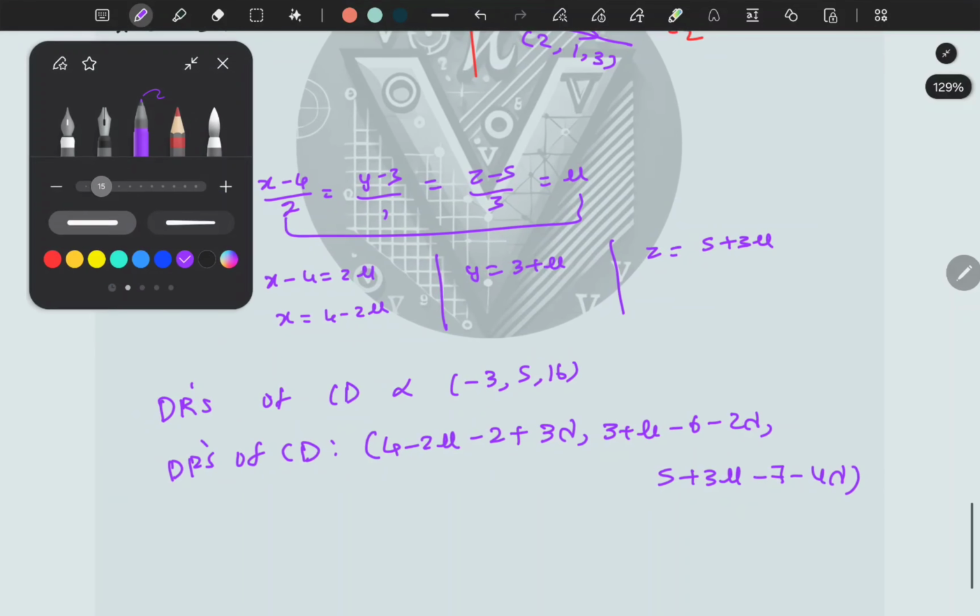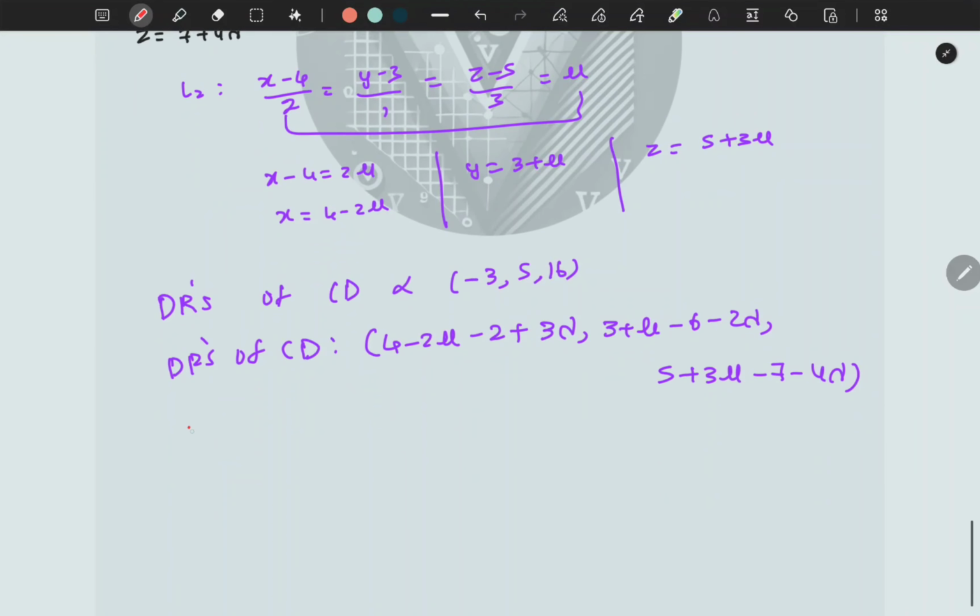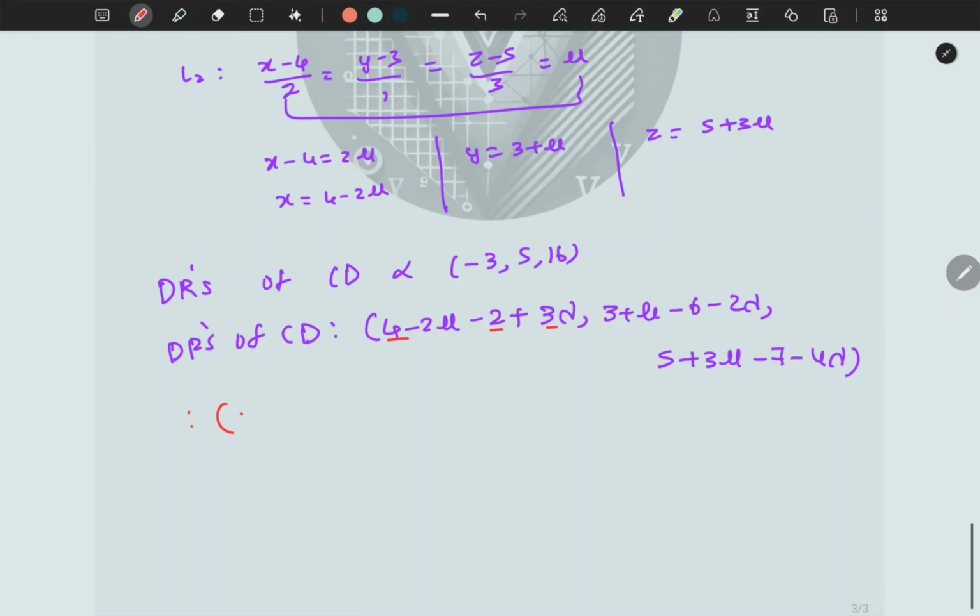If I expand it and write, what do I get here? 4 minus 2 is 2, so we get 3 lambda minus 2 mu plus 2. Again, mu minus 2 lambda, 3 minus 6 is minus 3. And we have 3 mu minus 4 lambda, 5 minus 7 is minus 2.